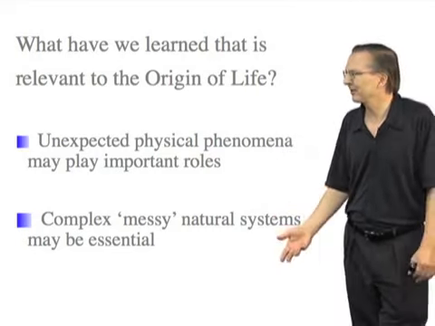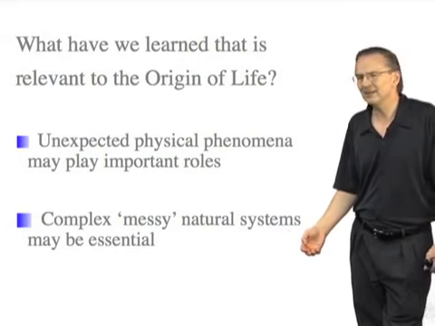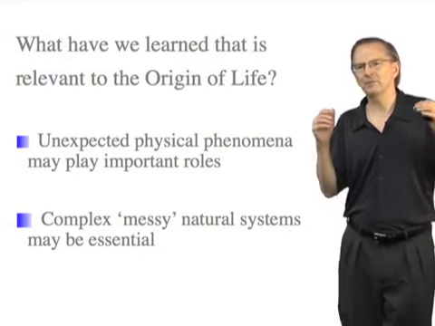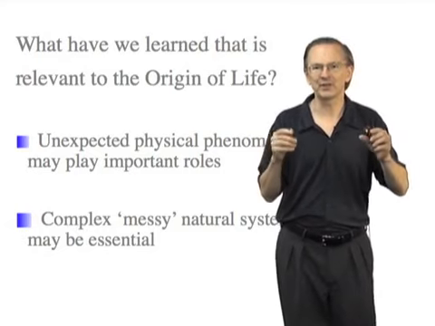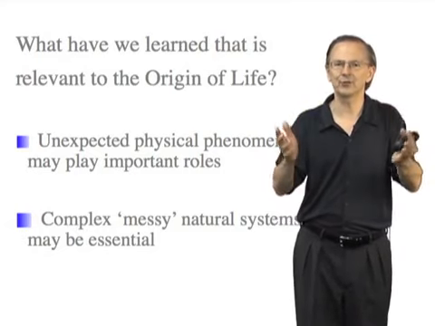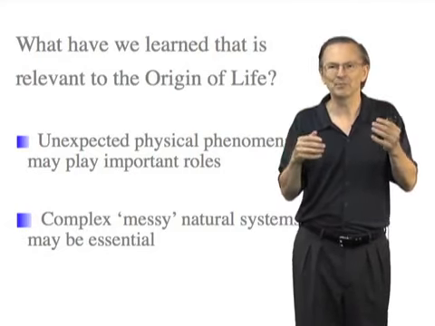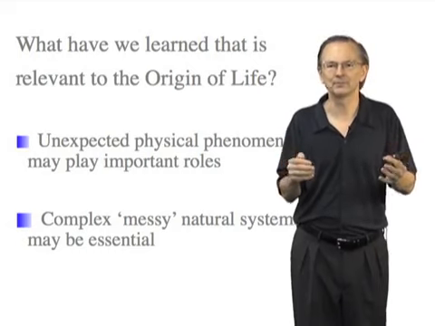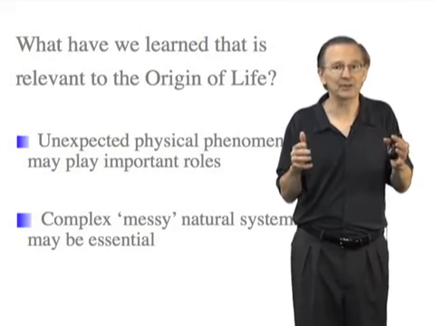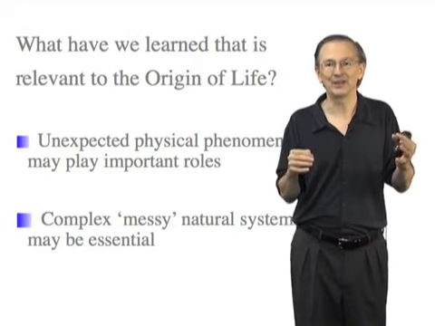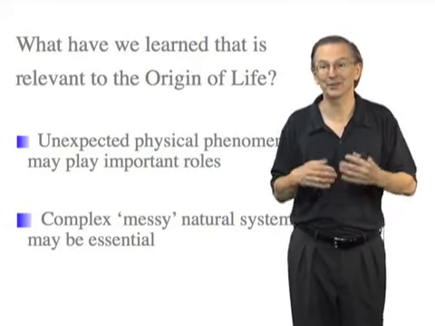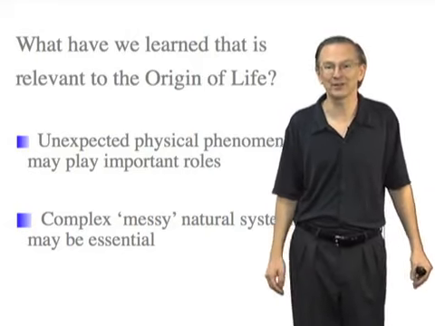The second general lesson, I think, is that in our early experiments, we tend to use very highly constrained artificial systems because they're analytically tractable. But they often don't exhibit the properties that we really want to see that are relevant to the prebiotic system.